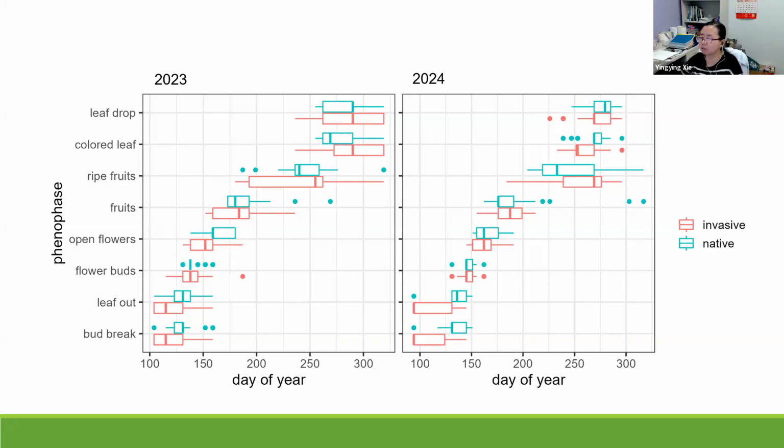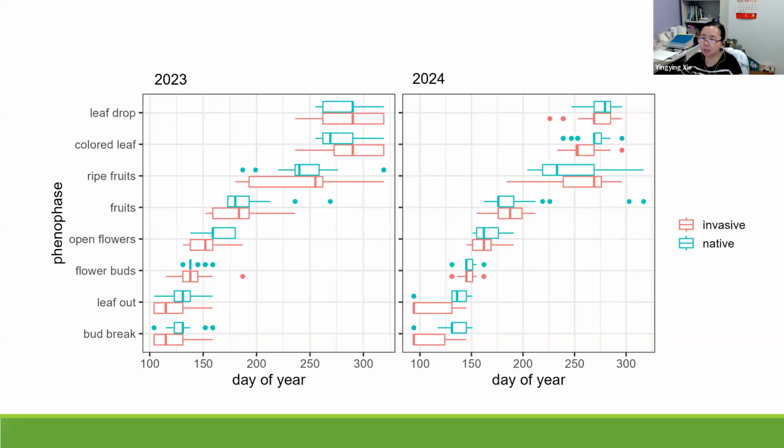And again, we still find evidence. If you look at the left bottom of the 2 panels, in both years we see earlier bud break and leaf out from invasive species. But if you move up to other phenophases like the flower, fruits, and the leaf phenology in fall, generally we don't really see a significant difference.